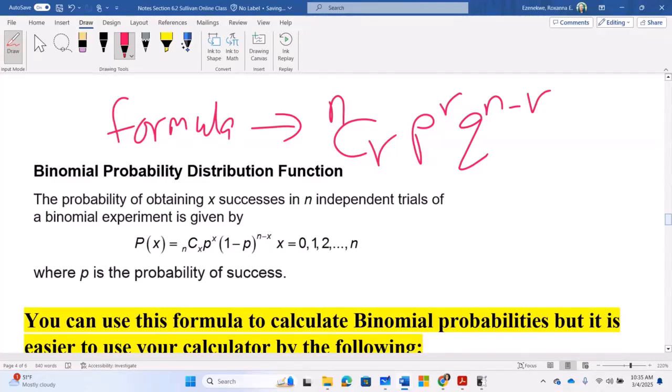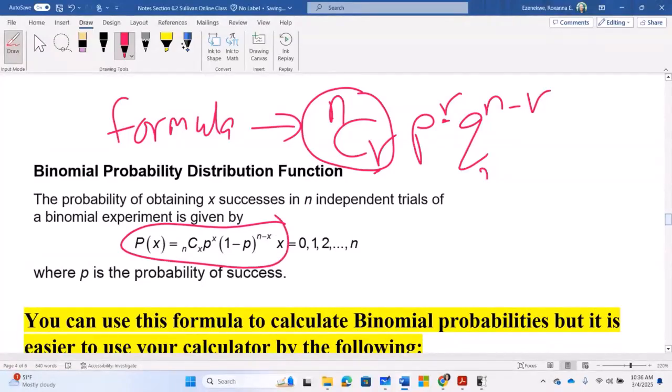Remember, this is n combination r: sample size, combination the number you want at a time. Success will be given to you, to power the number you want at a time. Failure is 1 minus success, to power n minus r, sample size minus the number you want at a time. Okay, so this is the formula.